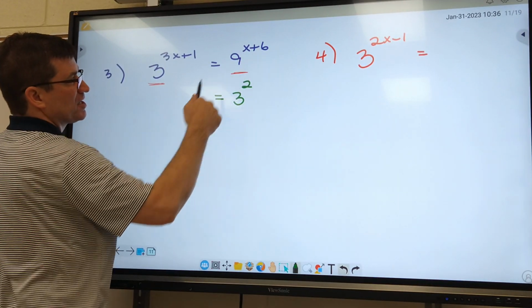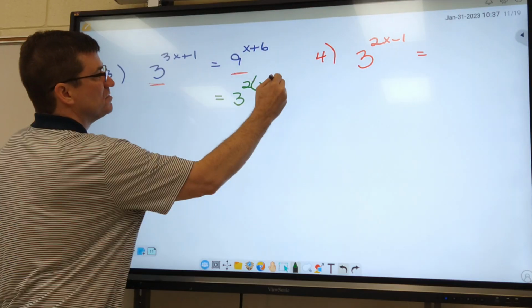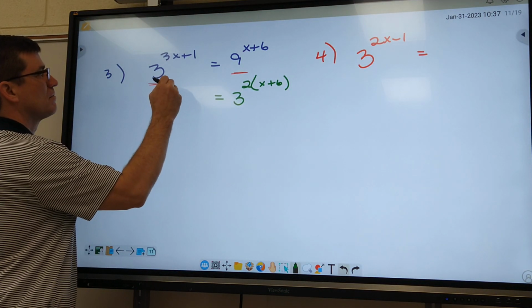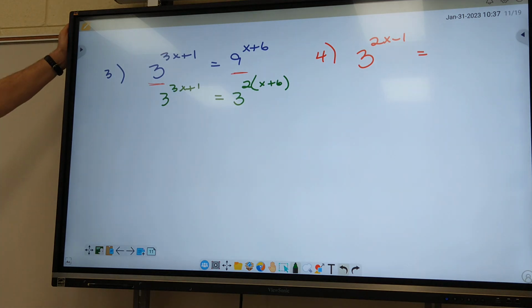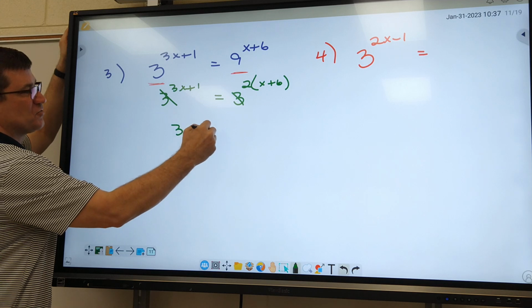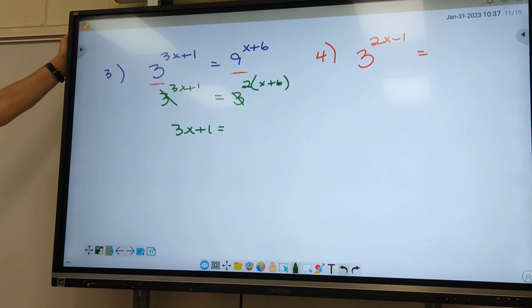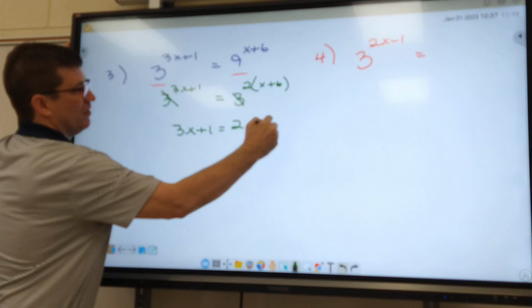What do y'all think happens with the x plus 6? That was already up there. Stays up there in parentheses. So we have to change it so each base will be the same on both sides. Now you should know how to do it. Mark out my 3's. On the left side, bring down 3x plus 1. What do we bring down on the right side? Good. Got to distribute, 2x plus 12.